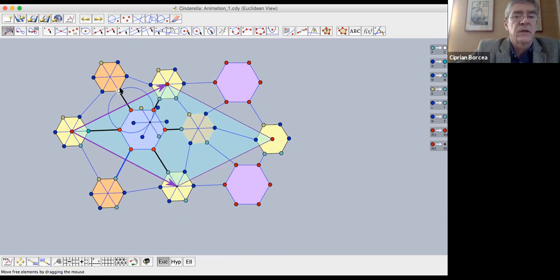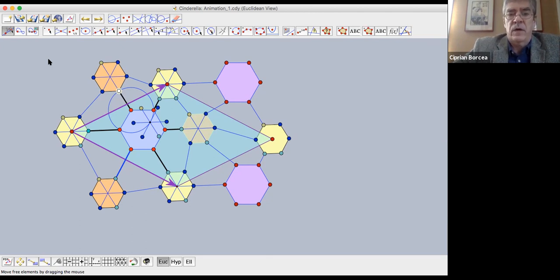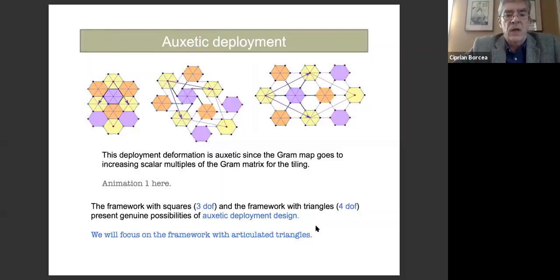So this deployment is auxetic, and if I go back now to the slides, we have seen the simplest example at work.